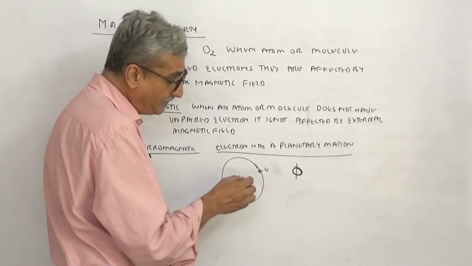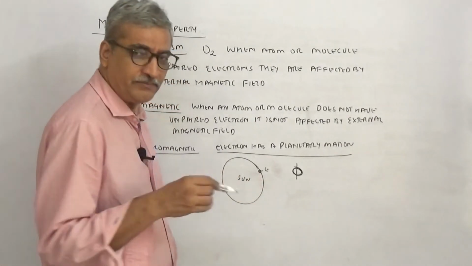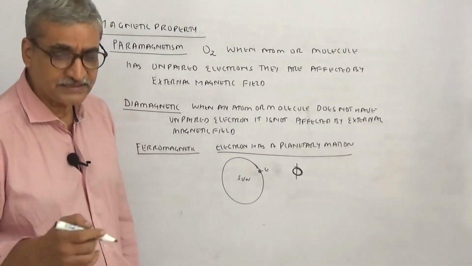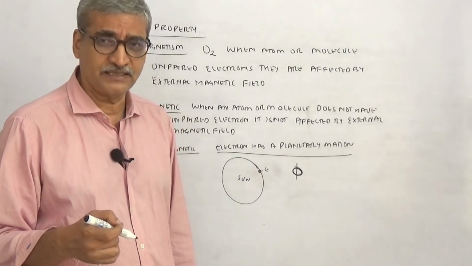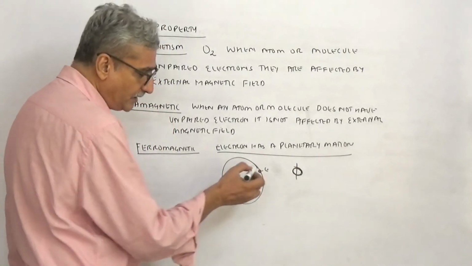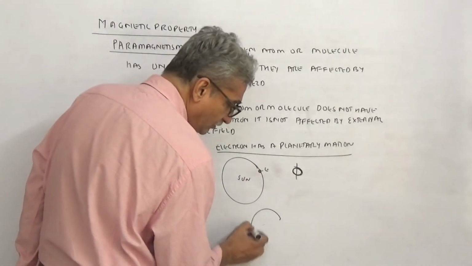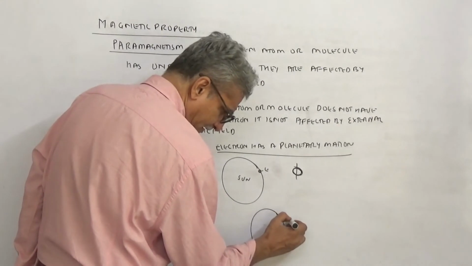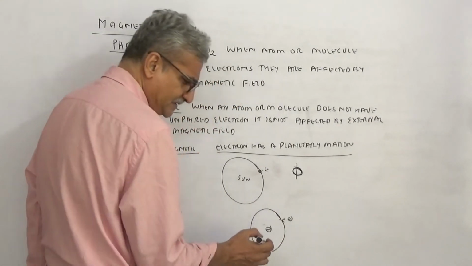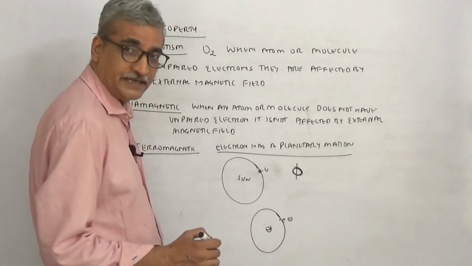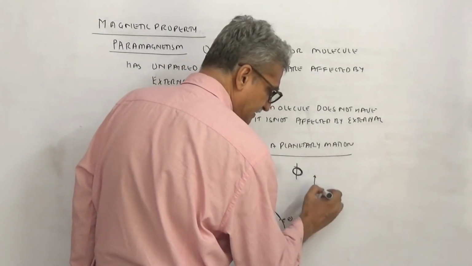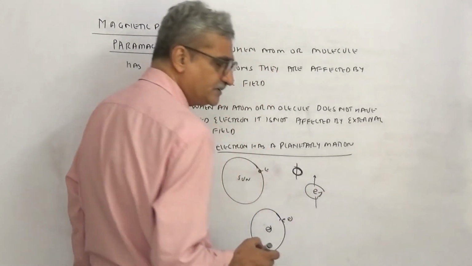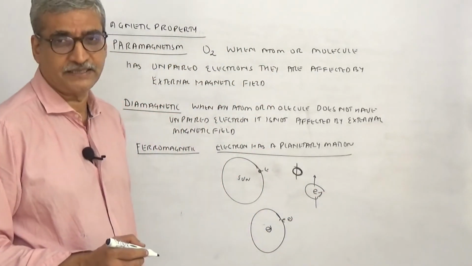According to Maxwell's theory of magnetism, when a charged particle is moving around, it creates a magnetic moment. The electron moving around the nucleus gives a magnetic moment that is not very high. But an electron moving around its axis, clockwise or anti-clockwise, creates a magnetic moment.